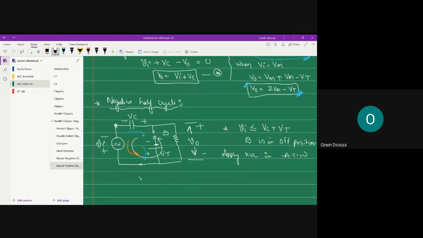So what do you get? Vi plus V0 minus Vc is equal to 0. That implies V0 is equal to minus Vi plus Vc.